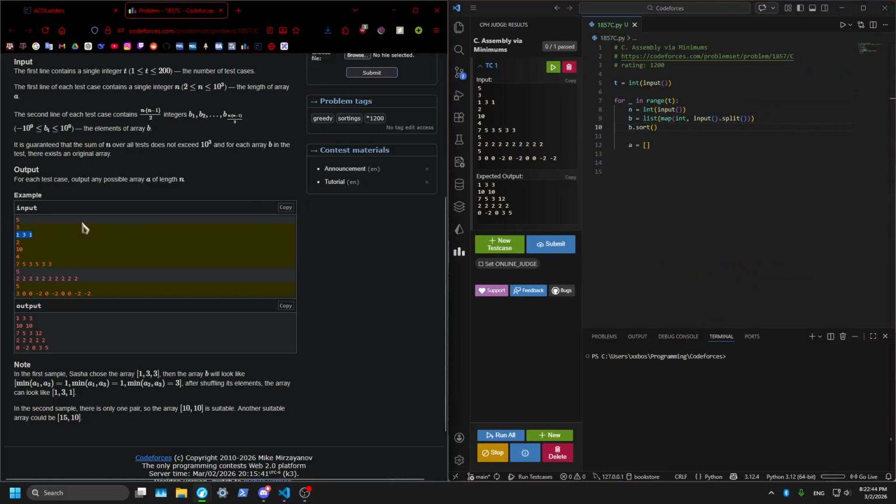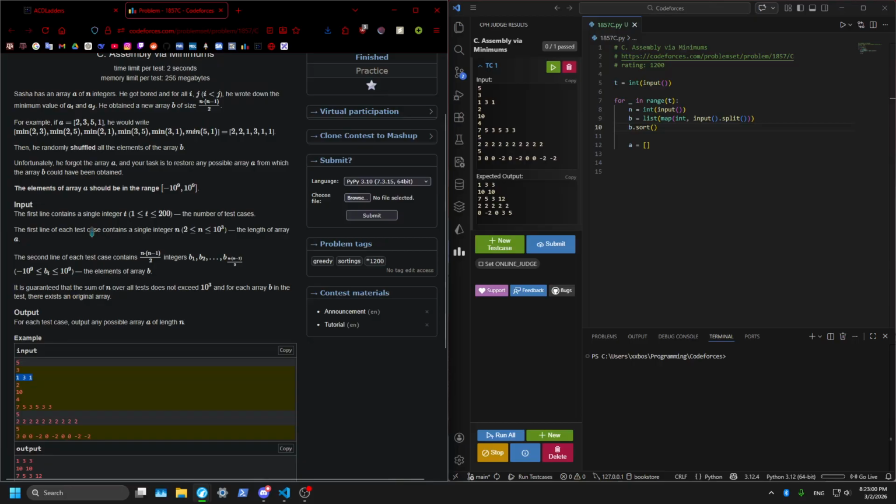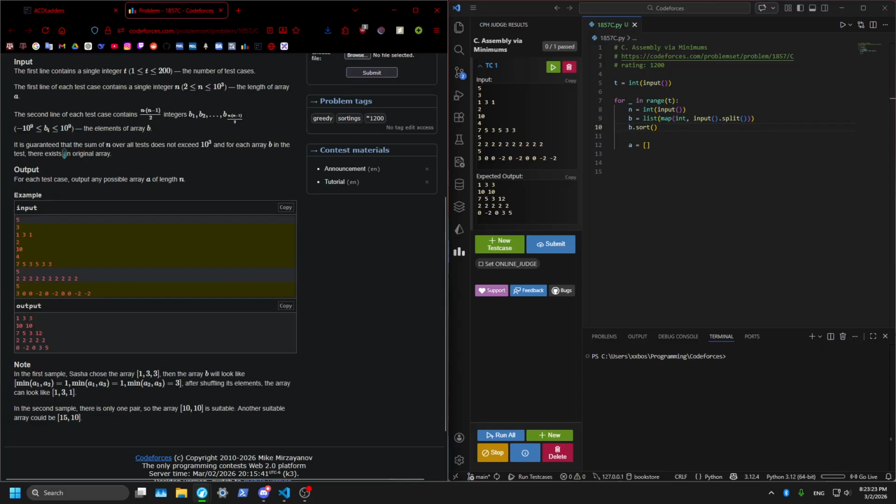So now we have 1, 1, 3. So A1 is 1, and the pairs are A1, A2, A1, A3.